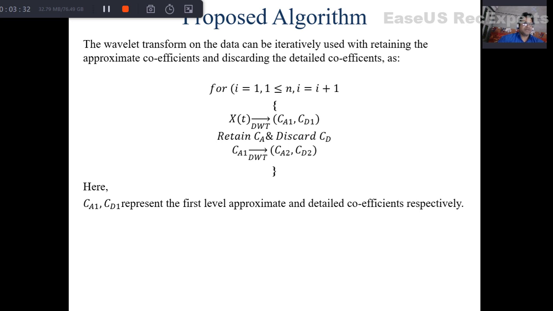Whenever we calculate DWT, CA1 is the approximate coefficient and CD1 is the detailed coefficient, and actually I have 3 levels of decomposition to minimize the complexity of the system.